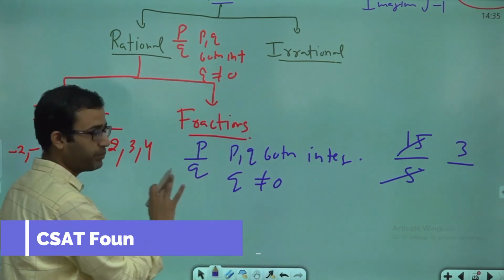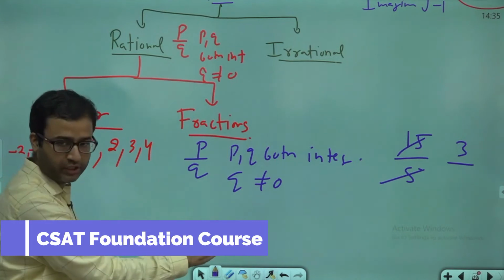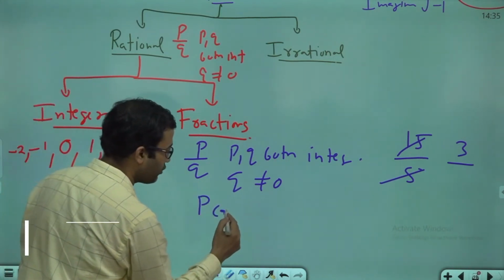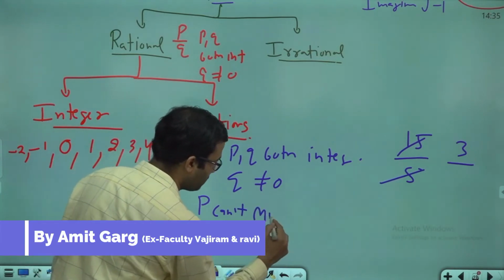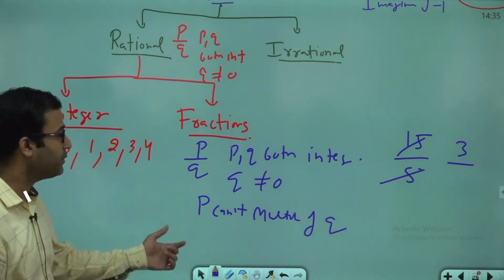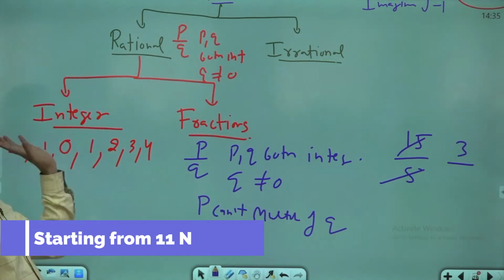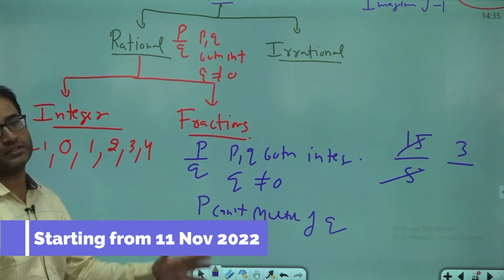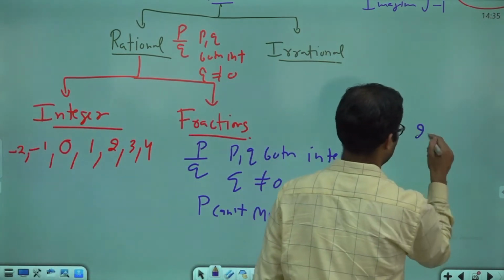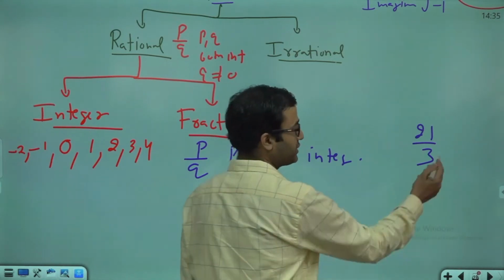Here P by Q, P and Q both integers, Q not equal to 0, and one more thing, P cannot be a multiple of Q. Because the moment P is a multiple of Q, it becomes an integer. Any example, 21 divided by 3, so it is 7.